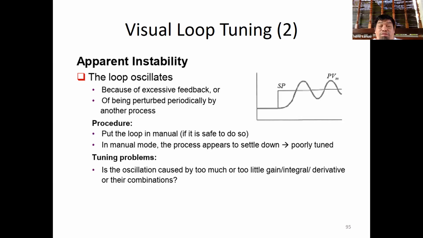So kita tengok dia punya response dia. And then kita tengok if the oscillation is caused by too much or too little gain in the forward gain, Ki, ataupun Kd, or in the combination.